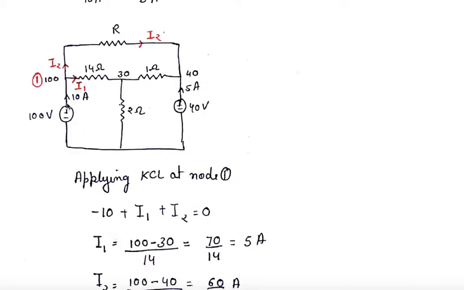So current entering into the node is negative, as per our sign convention we have seen in our previous lecture, current entering into the node, polarity will come as negative, while current leaving the node, the polarity will come as positive. So applying KCL, minus 10 will come because it is going inside the node, then plus I1 and then plus I2, and that will be equal to 0.